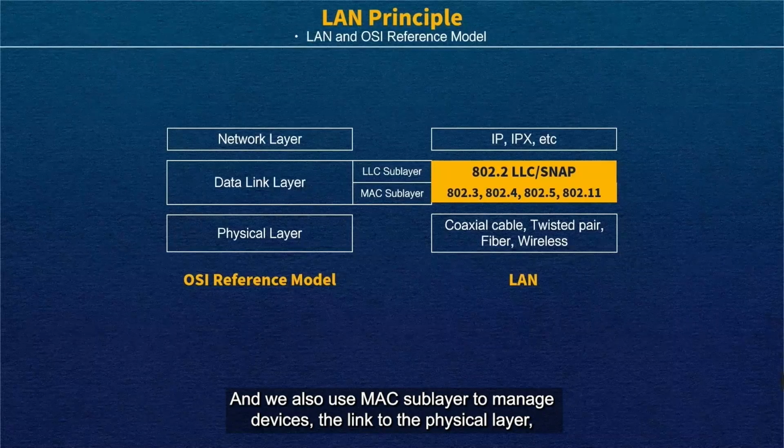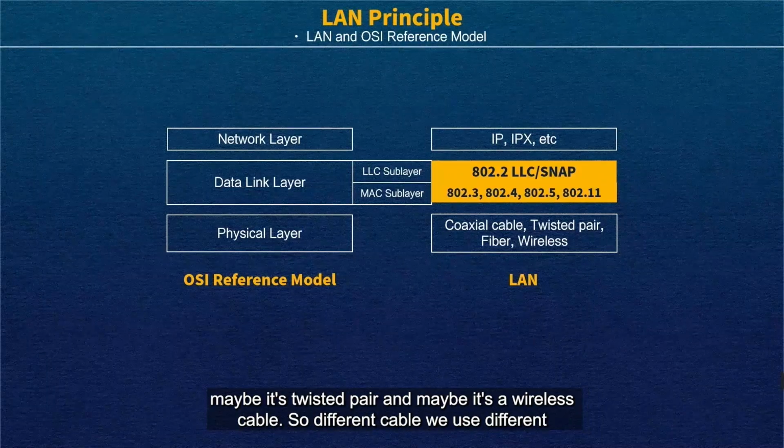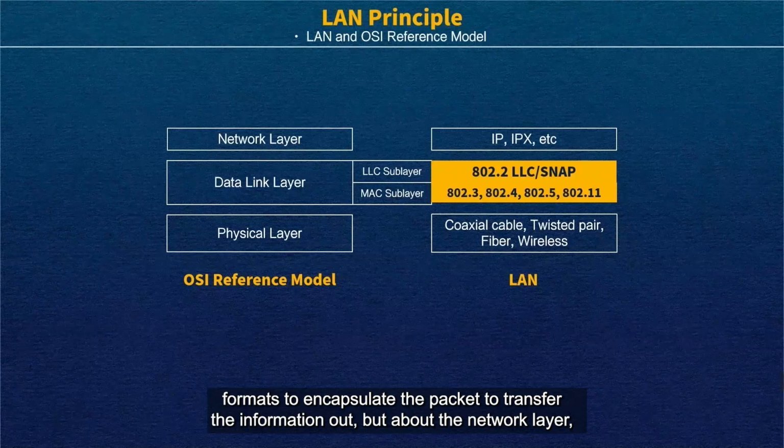We also use the MAC sublayer to manage the devices and the link of the physical layer. Because on the physical layer, we can use different cables, right? Maybe a coaxial cable, maybe twisted pair, and maybe a wireless medium. With different cables, we may use different formats to encapsulate the packets to transfer the information.